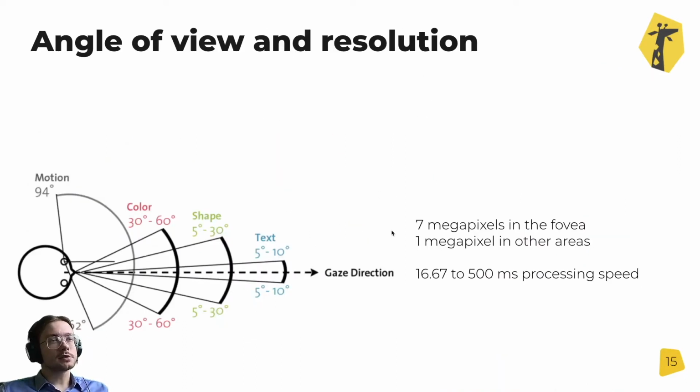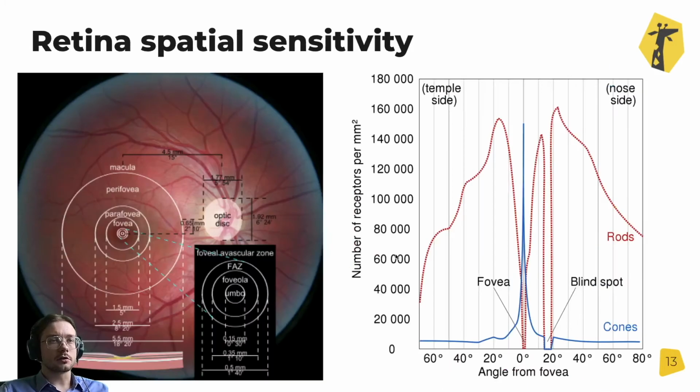Speaking about the angles that we see, it is measured from the gaze direction. The fovea has about 7 megapixels, and it is only 5 to 10 degrees, or even less.